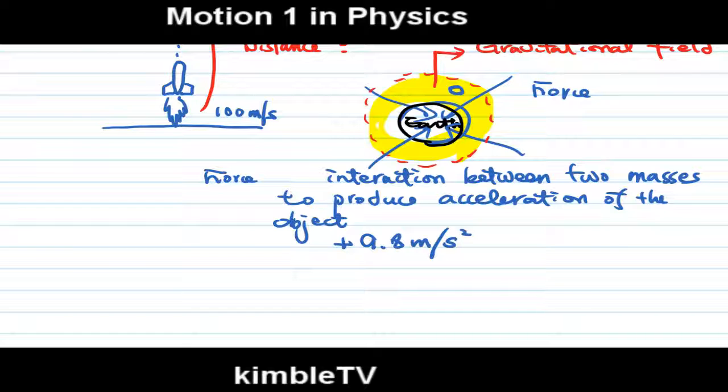Conversely, a negative 9.8 meters per second squared is applied to the object thrown into the air from the surface, because the initial velocity decreases by 9.8 meters per second.